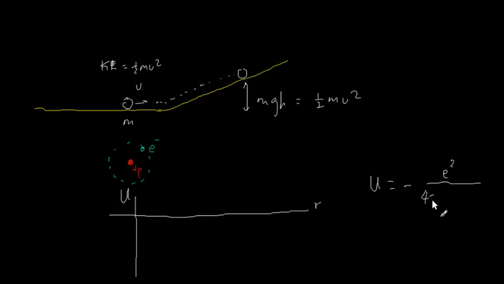And we have 4 pi epsilon naught for Coulomb's formula, and we have r. So that is the potential energy of the electron.